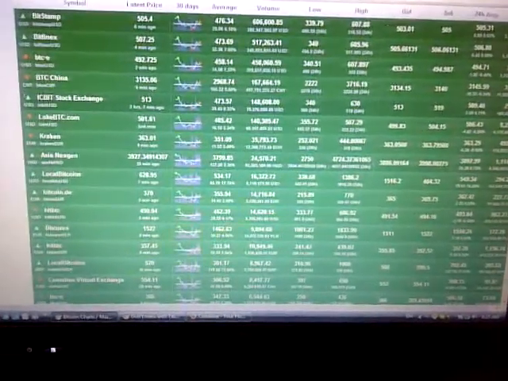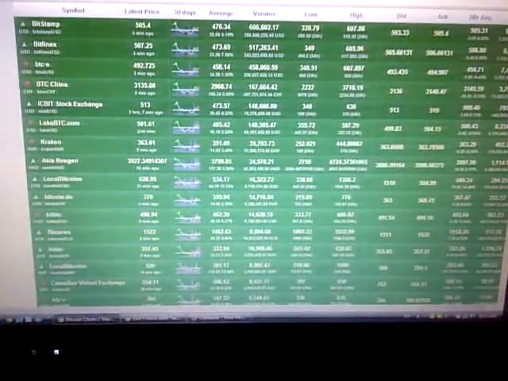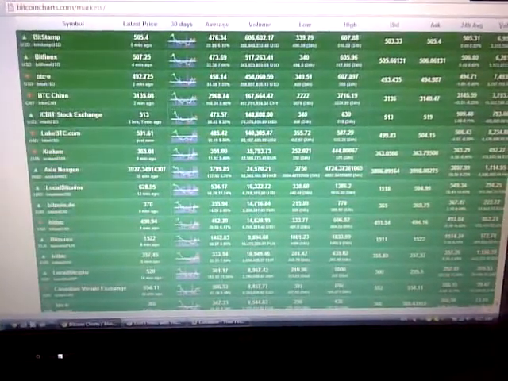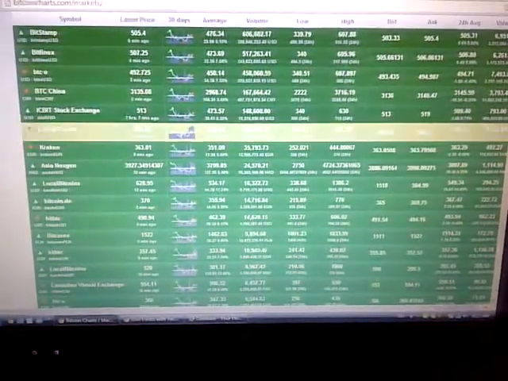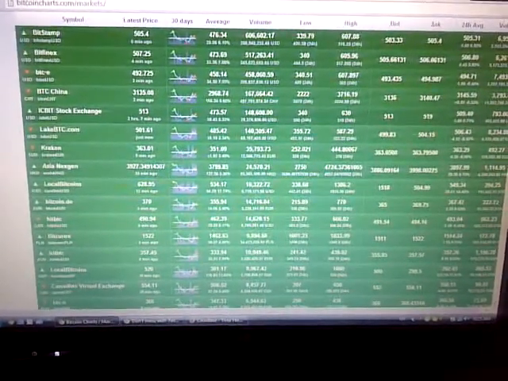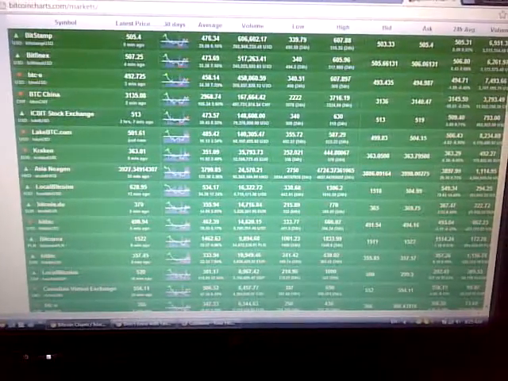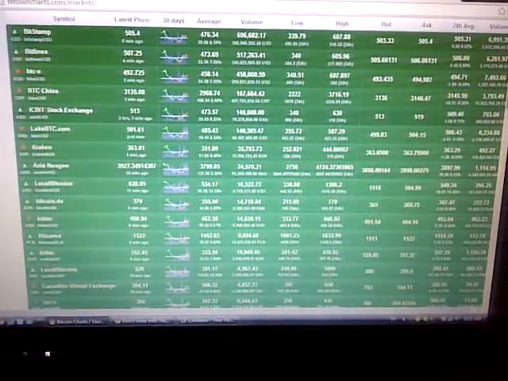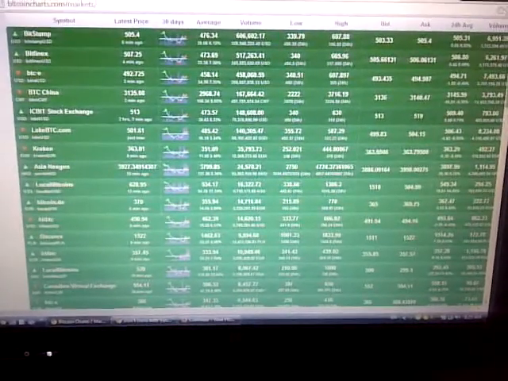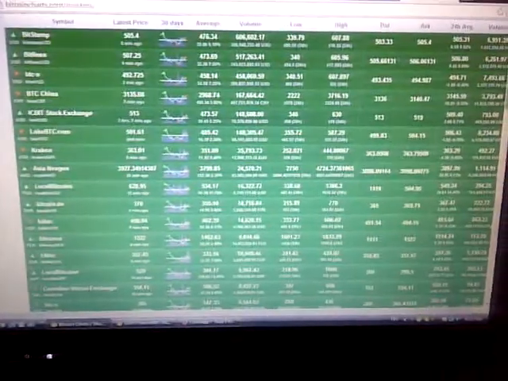So if you want a very simple analysis, if you saw this, it would be a buying signal. Everything's green. All right. If all the other stuff is too complicated, this is a real simple way to get a buying or selling signal. Is this all green? Buy. Is this all red? Sell. Very simple.